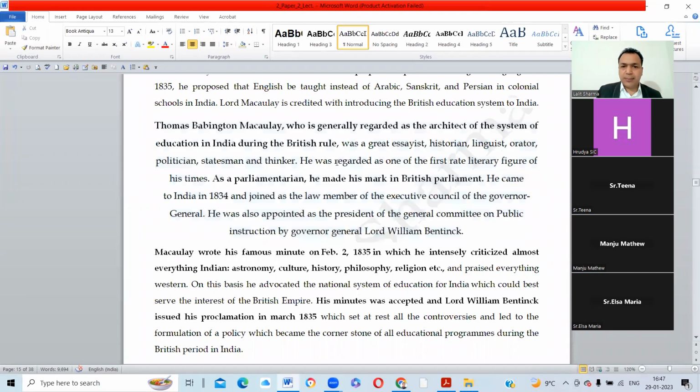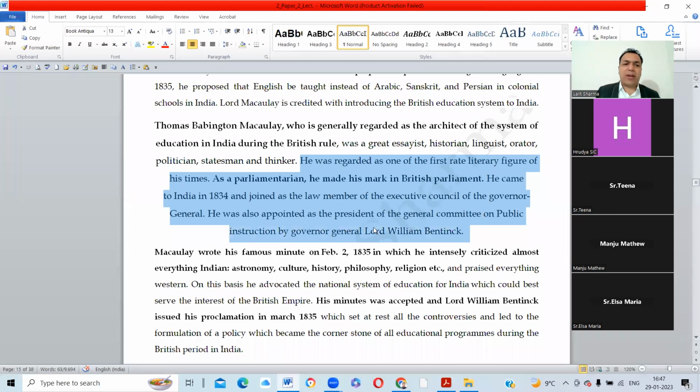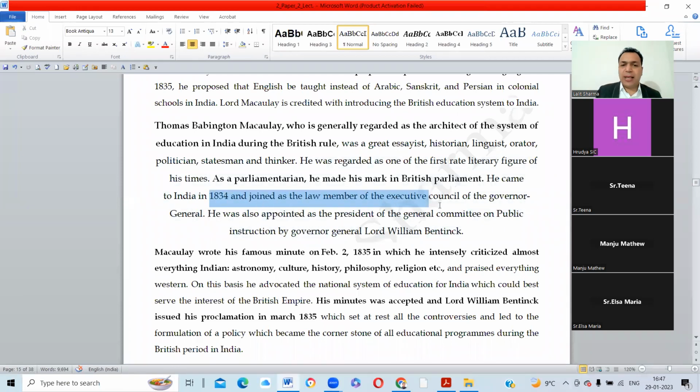He was regarded as one of the first-rate literary figures of his time. As a parliamentarian, he made his mark in the British Parliament. He came into India in 1834 and joined as the law member of the Executive Council of the Governor General. He was also appointed as the president of the General Committee on Public Instruction by Governor General Lord William Bentinck.